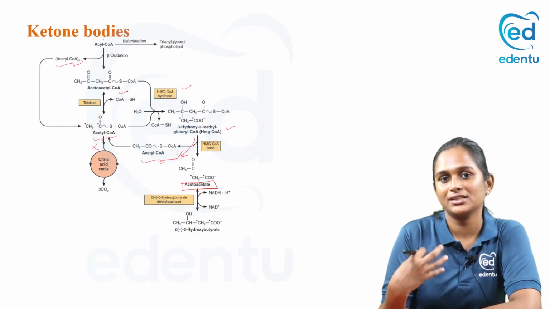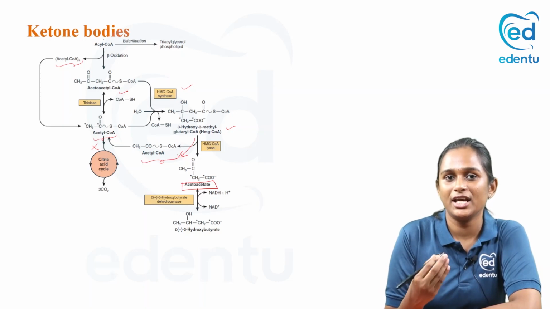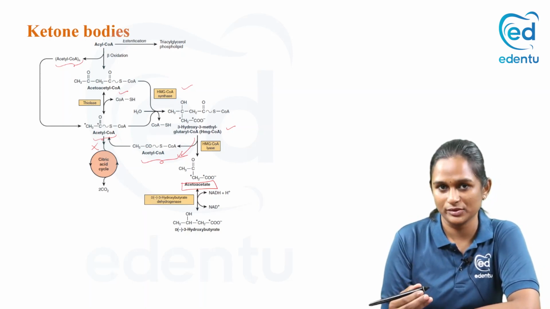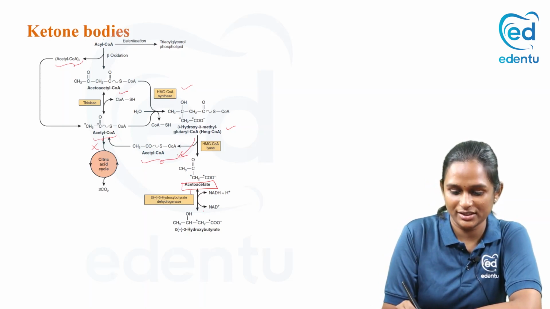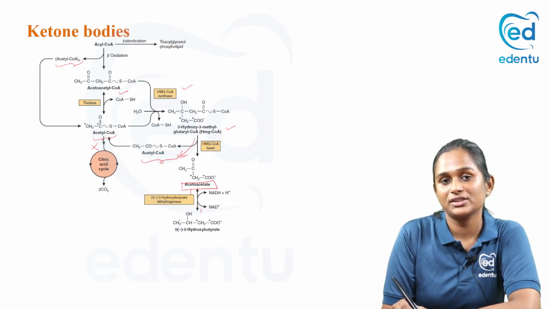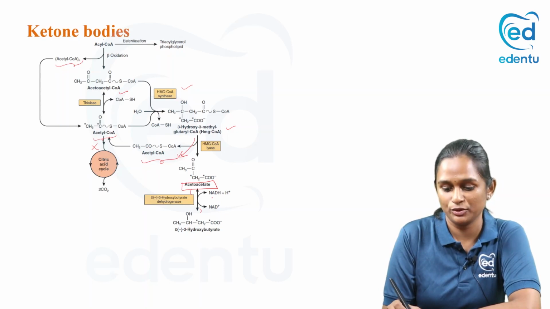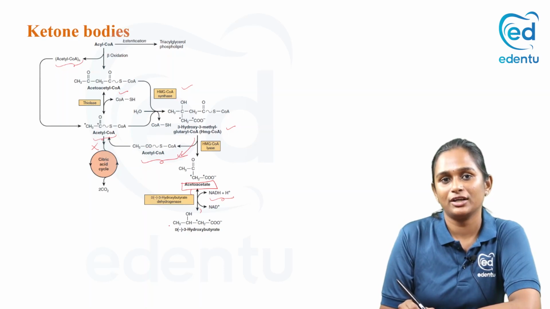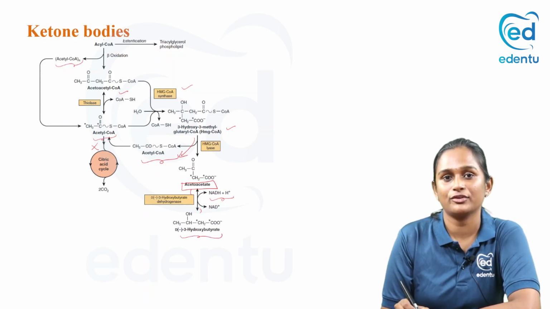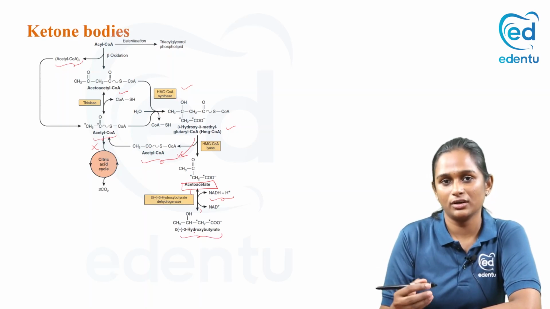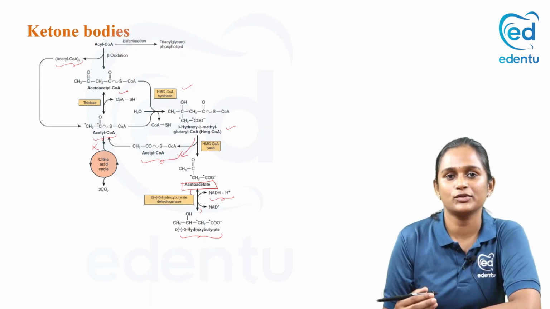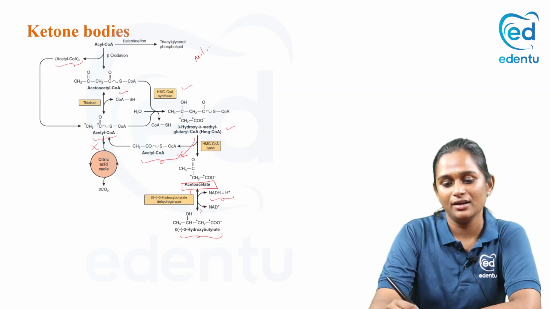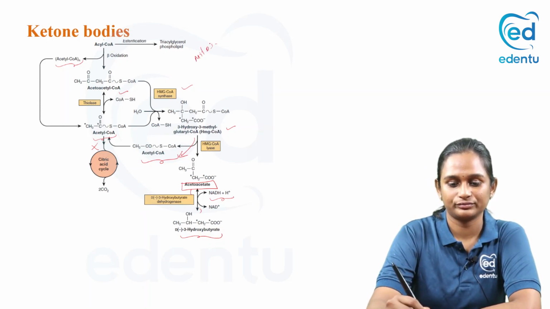As the name indicates, the reducing equivalent NADH will be utilized in this reaction, and it is a reversible reaction. Acetoacetate is converted to beta-hydroxybutyrate by consuming one NADH. Beta-hydroxybutyrate is the final product formed in ketone body synthesis. All the reactions are happening inside the mitochondria.